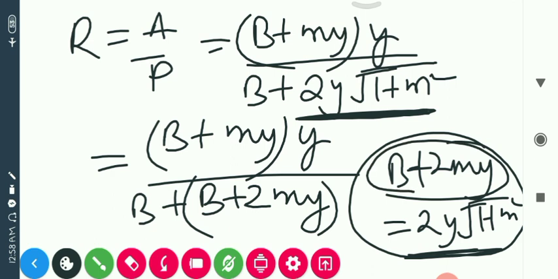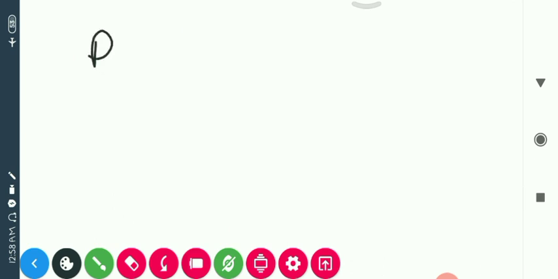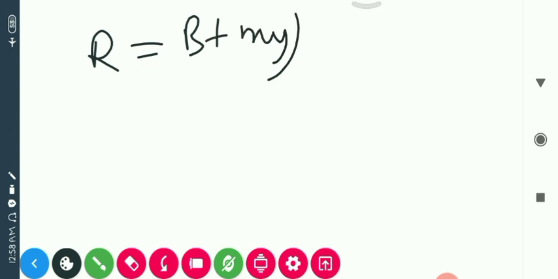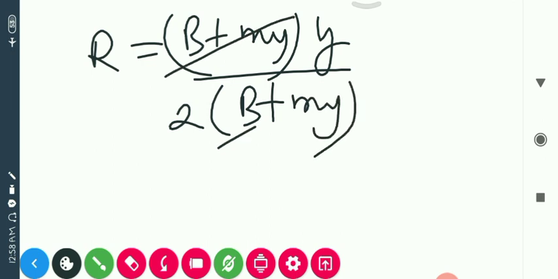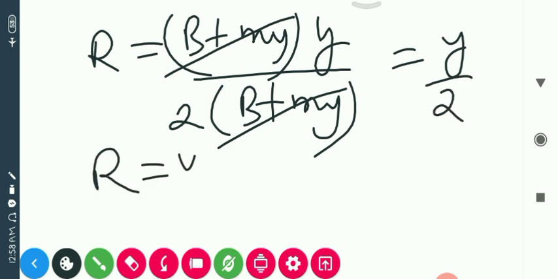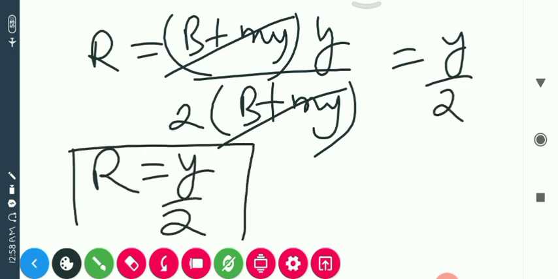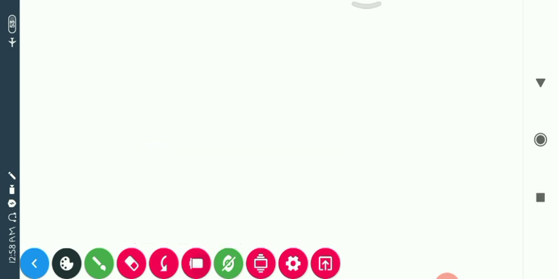So we put this value here and obtain the result: R equals (b plus my) into y by 2 into (b plus my). The b plus my terms cancel, and the hydraulic radius comes out to be y by 2.